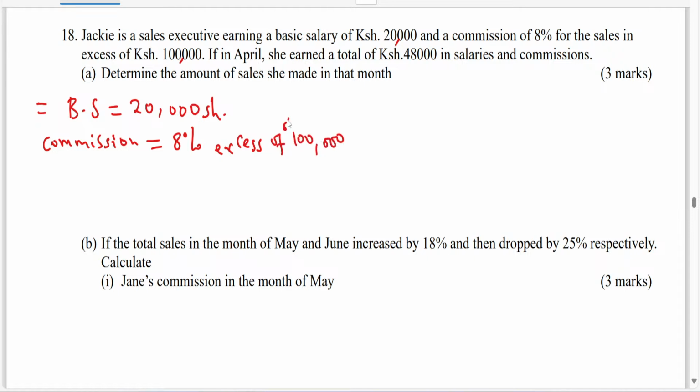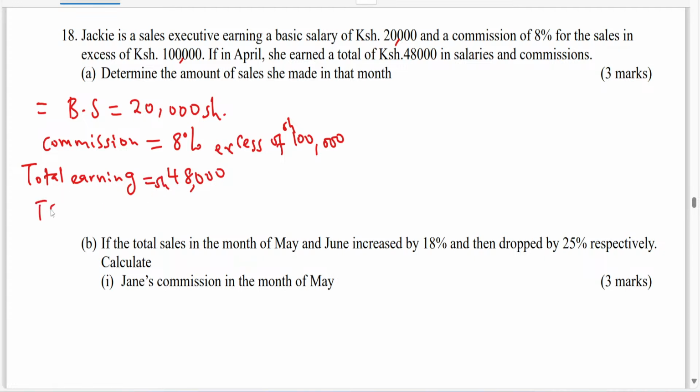So it means that for the first 100,000 you won't get any commission. So if in April she earned a total of 48,000 in salaries and commission, your total earnings at that time, the question says determine the amount of sales. So your total earning is 48,000 shillings.